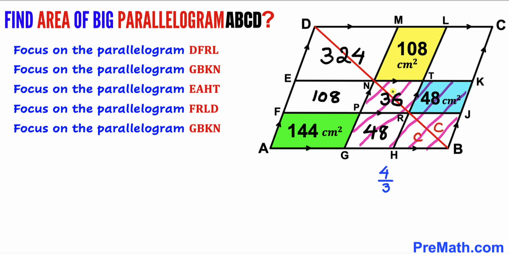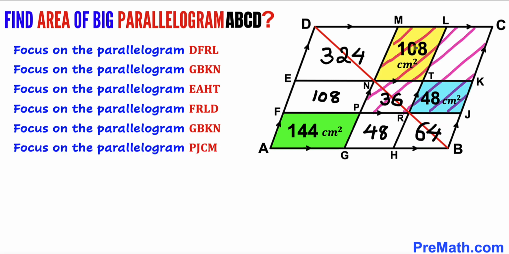So therefore, we can see if we multiply this 36 by 4 divided by 3, we are going to get 48. Now likewise, we are going to multiply 48 by 4 divided by 3 to get this area. Let's go ahead and multiply 4 divided by 3 times 48, and that is going to give us 64. So therefore, the area of this parallelogram turns out to be 64.